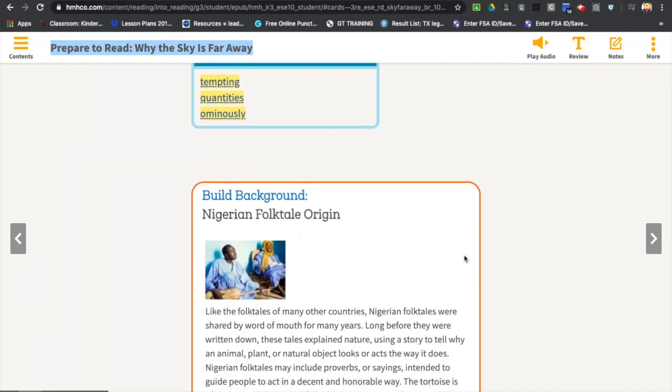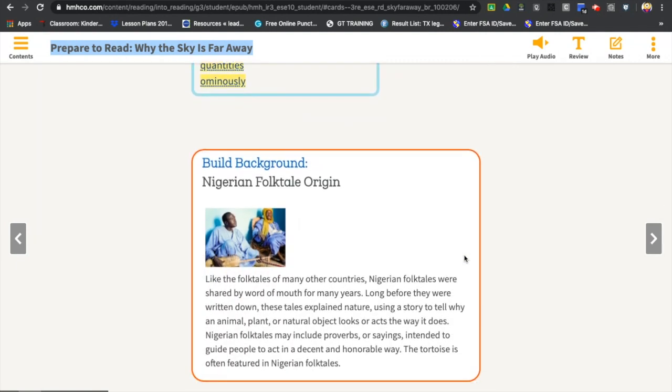Okay, let's read a little bit about the author of this story. Building background about the Nigerian folktale origin. Like the folktales of many other countries, Nigerian folktales were shared by word of mouth for many years.